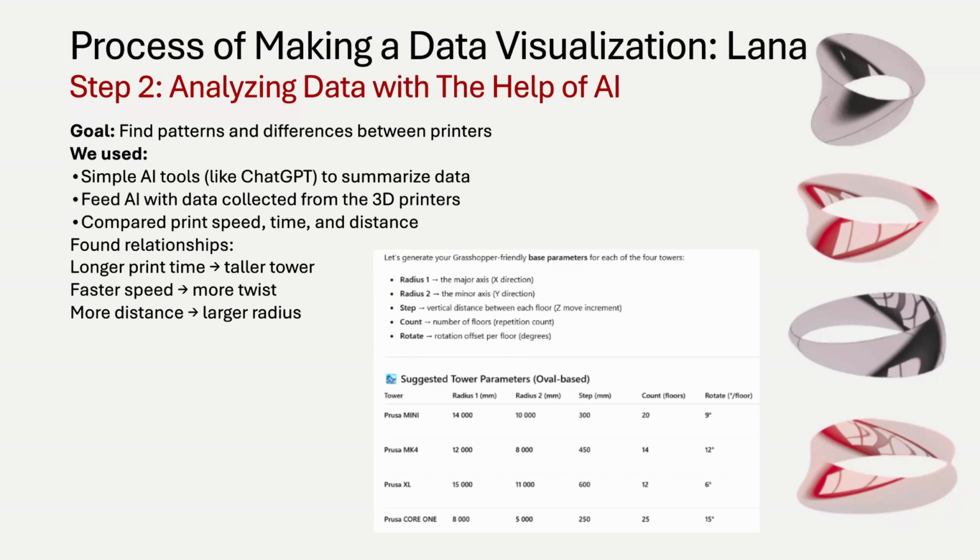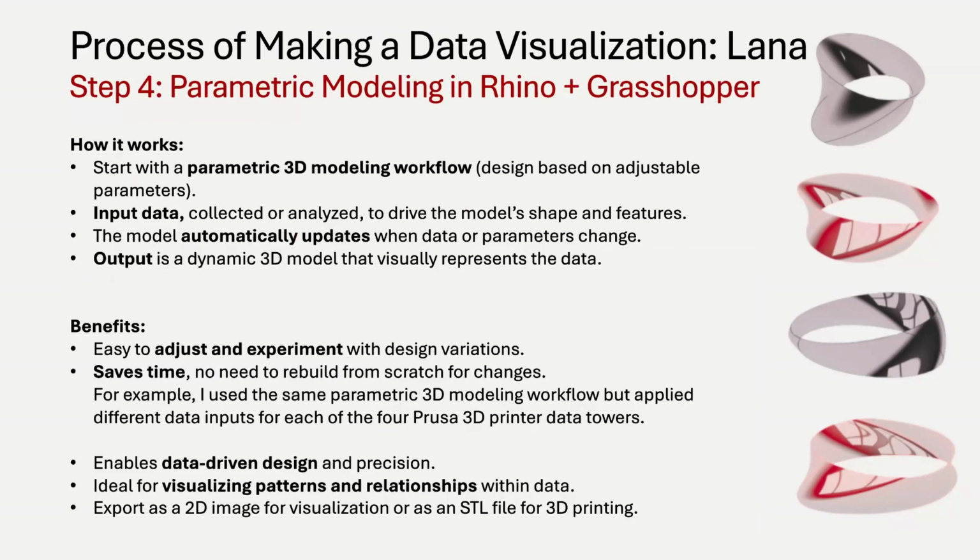For example, the longer the print time, the taller the tower I want to see, faster speed means more twist, and more distance means a larger radius. So that's the part I did: I tell ChatGPT how to analyze my data and how I want to see my data visualized. Okay, we can go to the next page.